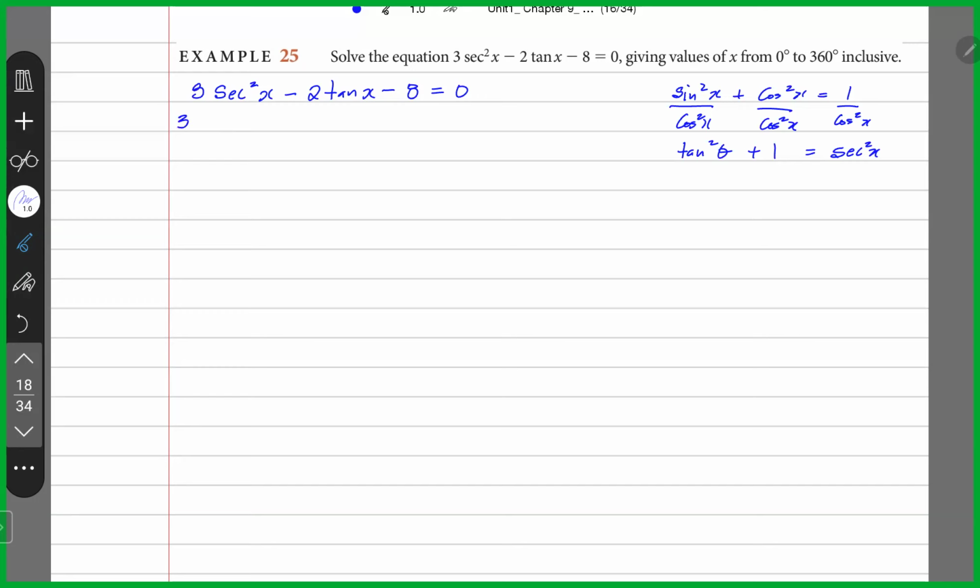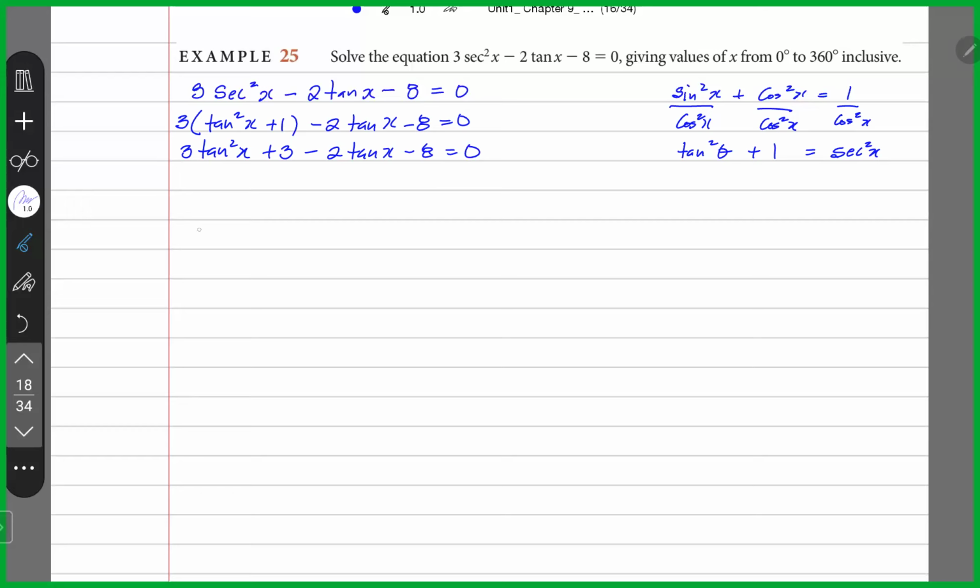So 3 tan squared x plus 1 minus 2 tan x minus 8 is equal to 0. Distributive law, 3 tan squared x plus 3 minus 2 tan x minus 8 is equal to 0.